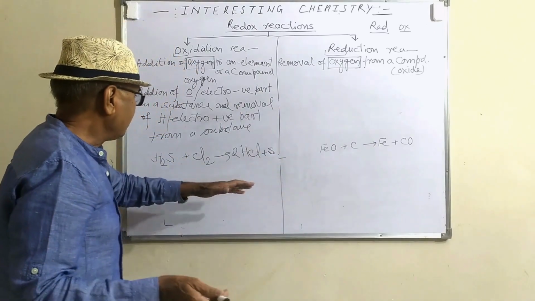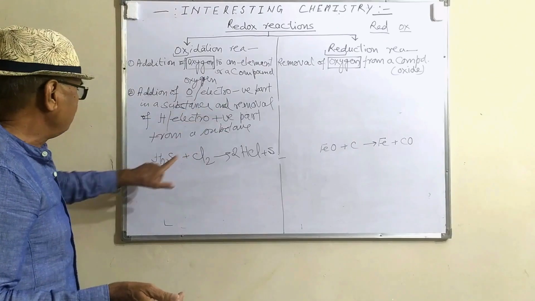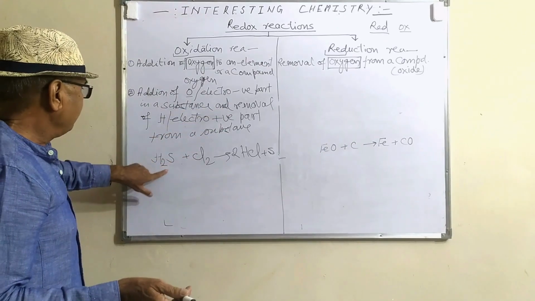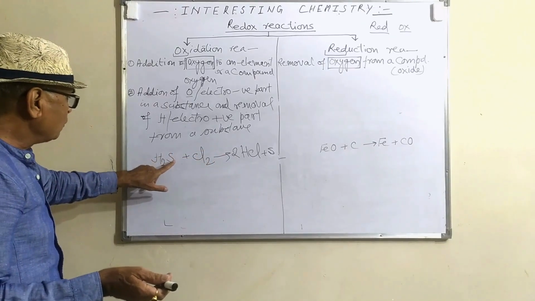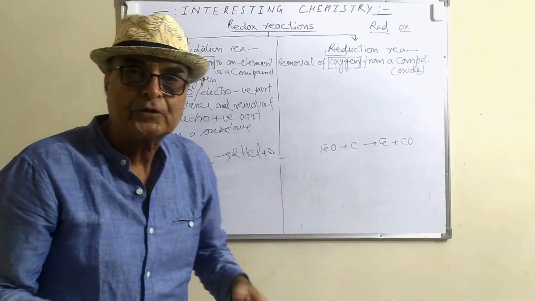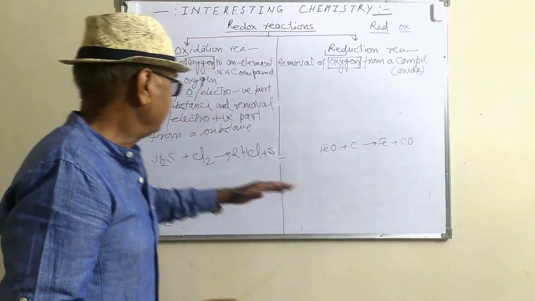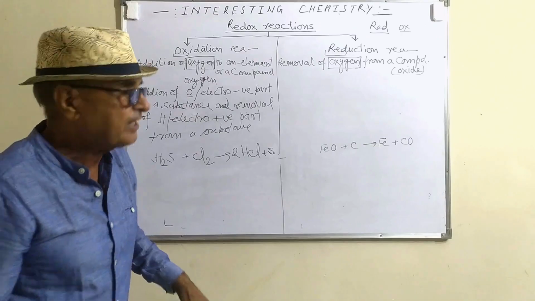You will justify that in H2S, hydrogen is removed from the H2S substance, so sulfur gets oxidized. Sulfur gets oxidized into S. So in this way it is an oxidation reaction.